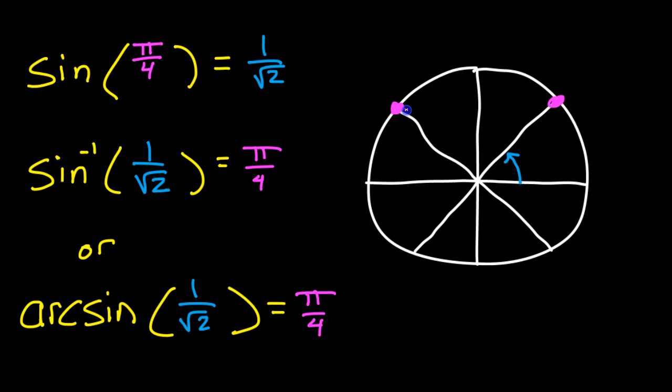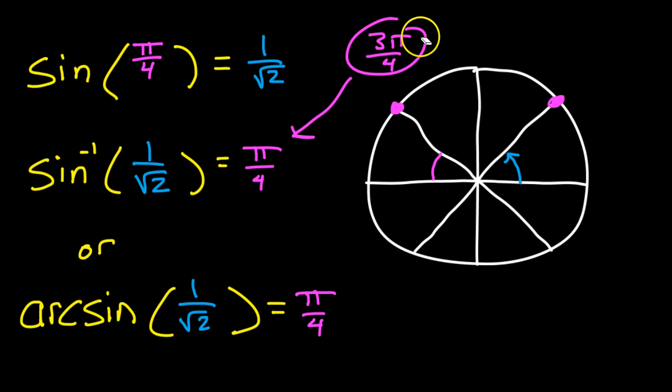But this angle over here has the same reference angle, and it's also positive. So this is the angle 3 pi over 4. So why not 3 pi over 4? 3 pi over 4 could also be an answer to this question. But that's a problem because this would not be a function then. The inverse trig functions would not be functions if they had more than one answer.